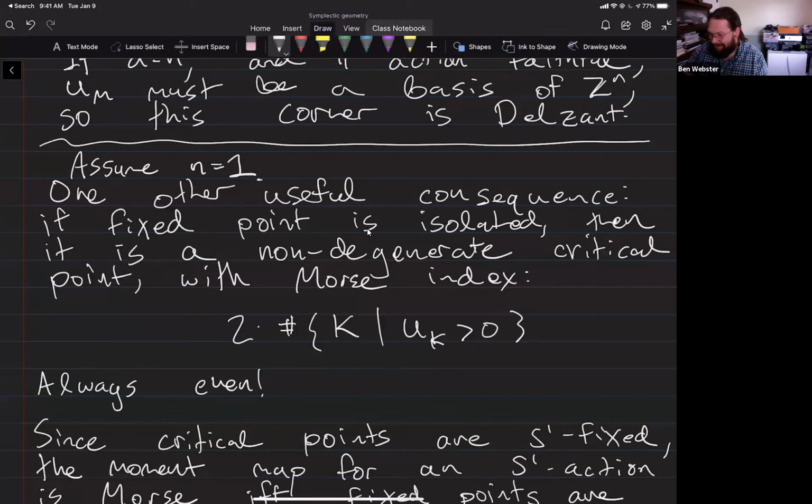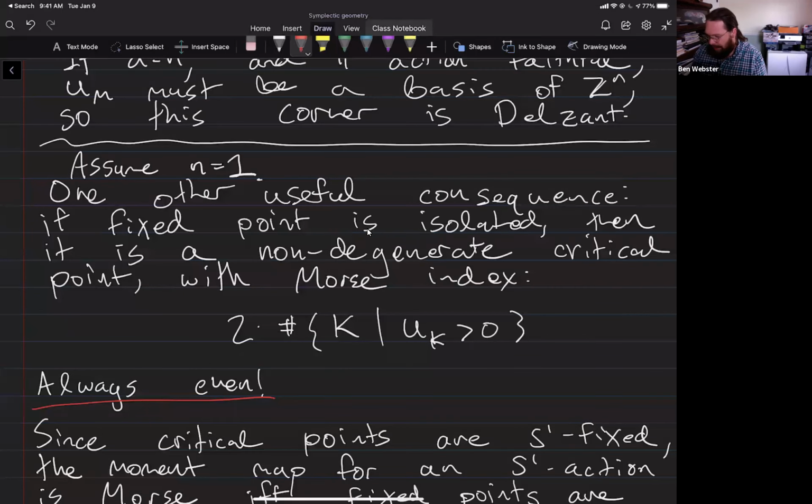So it's going to be important later that all of these Morse indices are even. If you're used to Morse theory, this is telling you something really interesting about the topology of the manifold, that you don't have any odd Morse index critical points. So for example, you can't have any odd cohomology or homology.